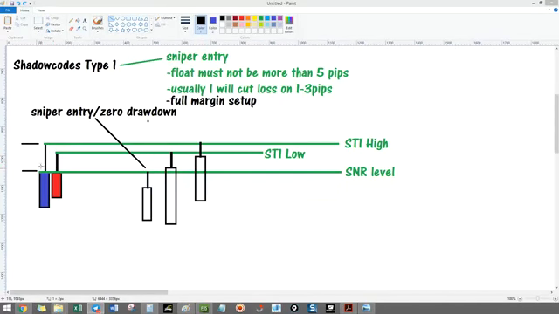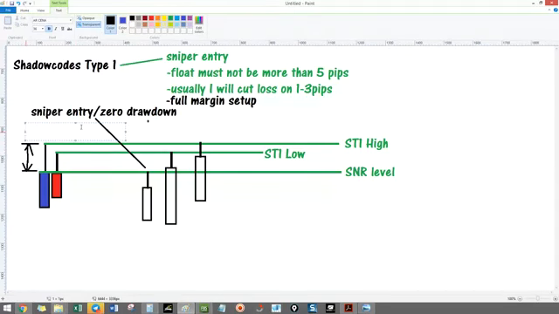So we have 3 levels. For example, you use the SNR zone, this level, up to here. For example, this zone is 30 pips.